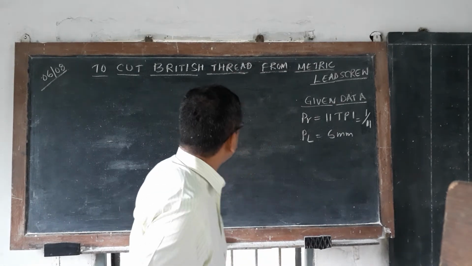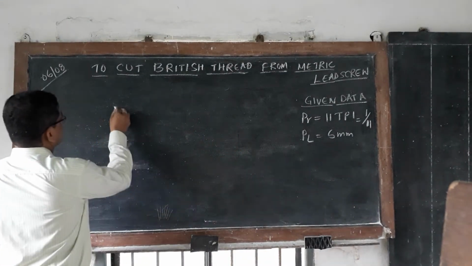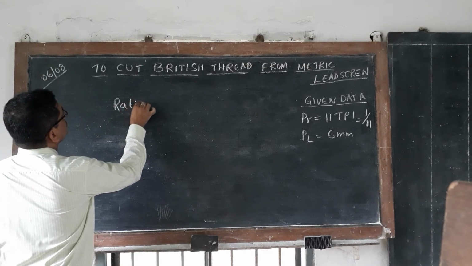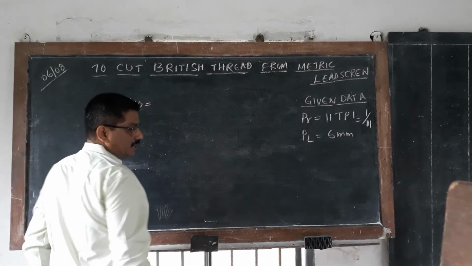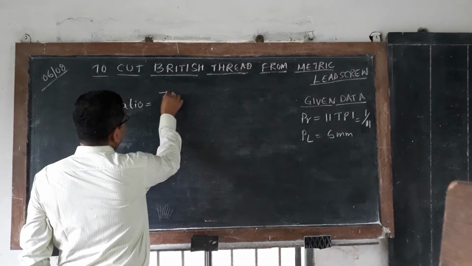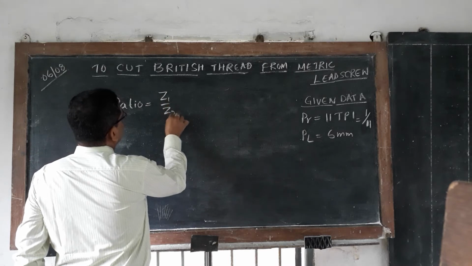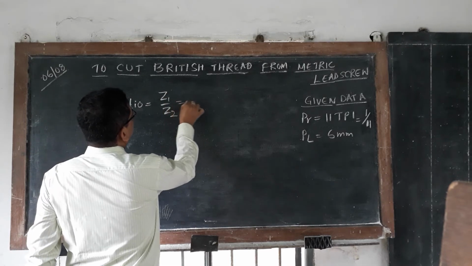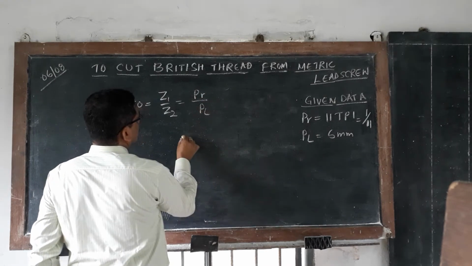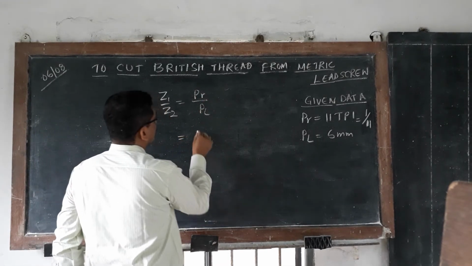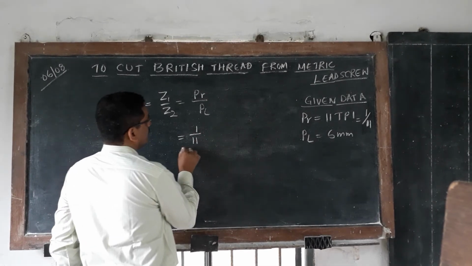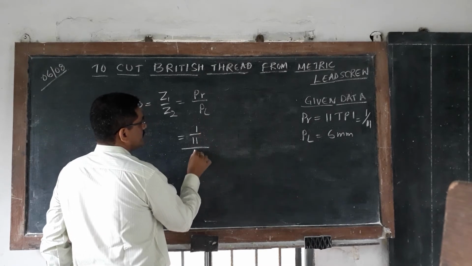So the ratio Z1 by Z2, driver by driven, is equal to pitch required divided by pitch of the lead screw. Pitch required is 1 by 11, divided by the pitch of the lead screw, which is 6.